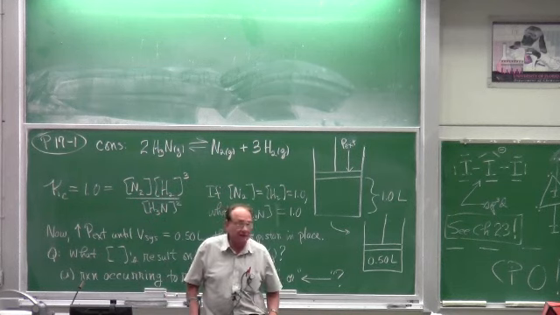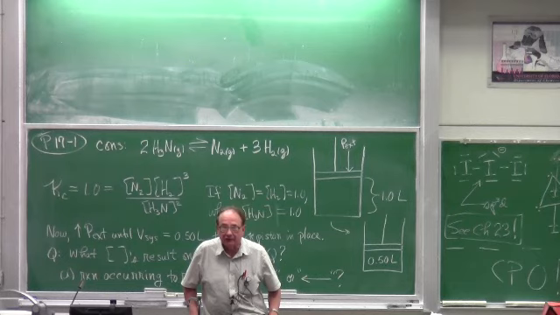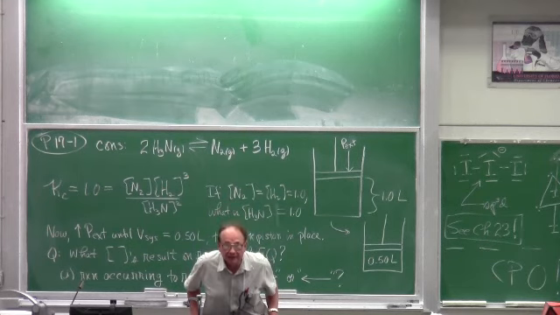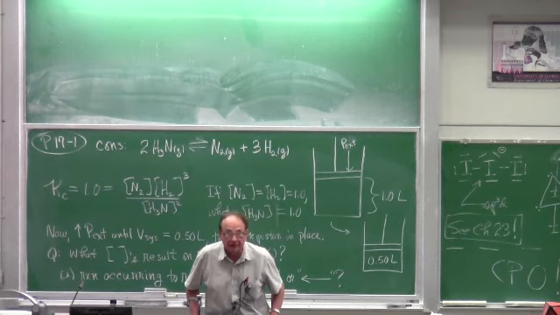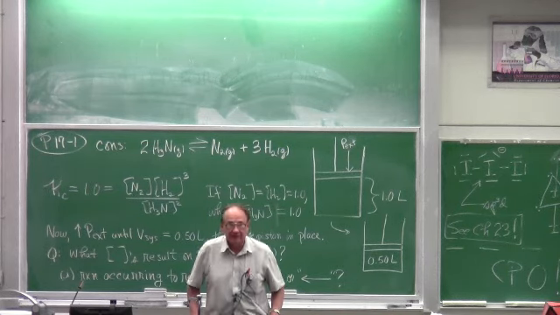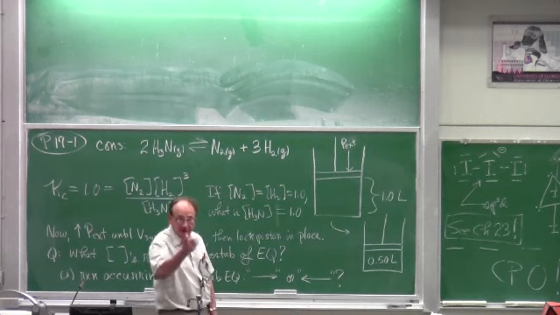You're asking me, can I in fact study this system at a condition where the Kc value is 1.0? I don't know and I don't care. That doesn't matter. We'll worry about those points later when you as a chemist go into the laboratory and start doing chemistry. Then you'll have to pay attention to that kind of information. What we're doing now is to show you how, when you go to the laboratory, you can deal with any information you collect. But your question is fine.